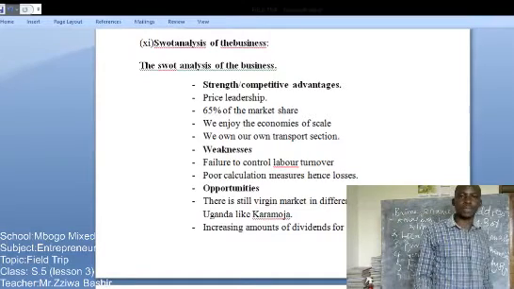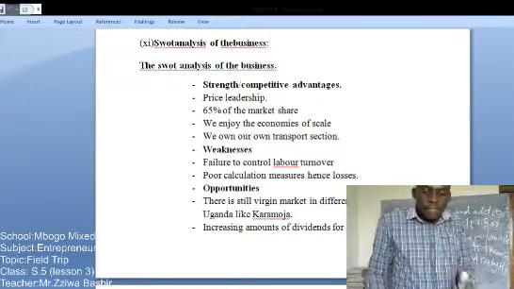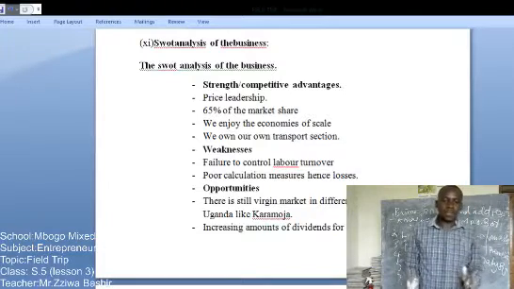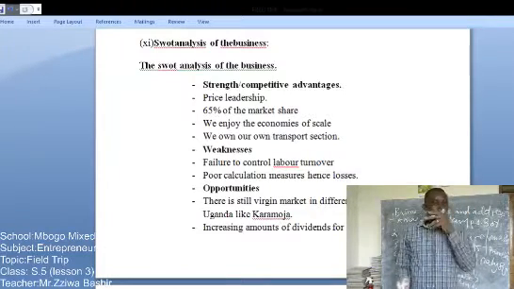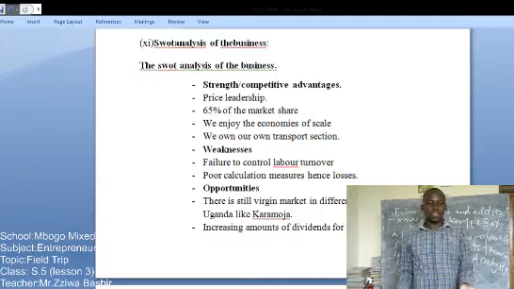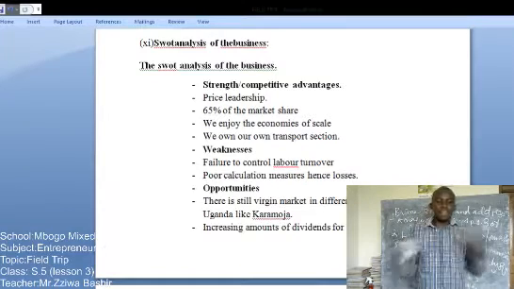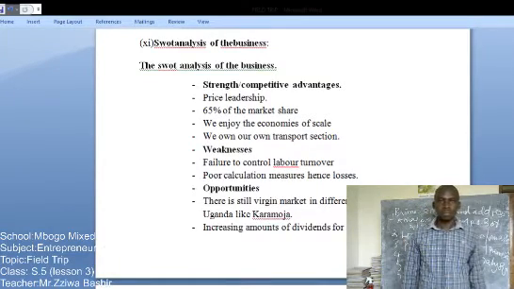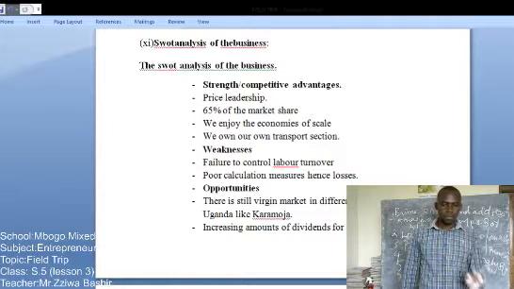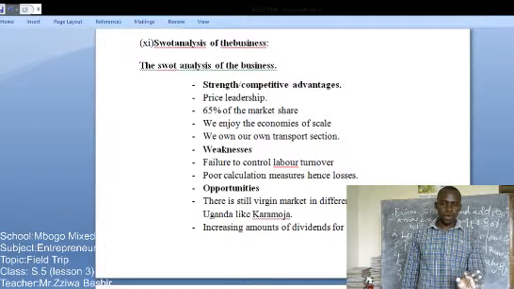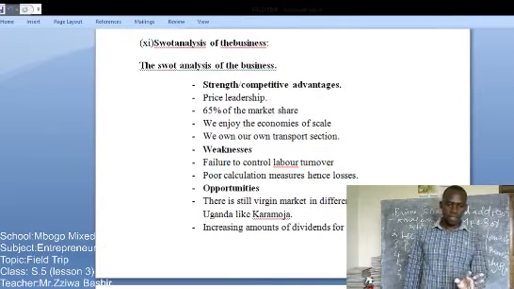Price leadership. Our prices are generally favorable to our customers. Then we have economies of scale. We have a very big market share. That one is under the strengths.